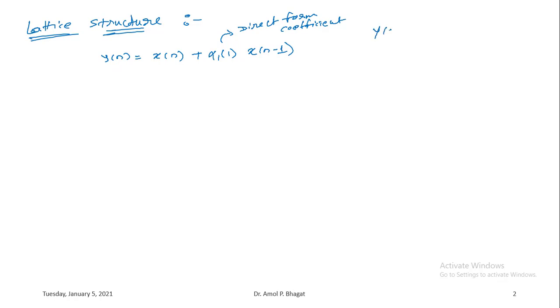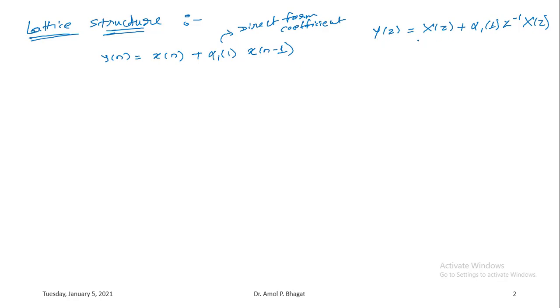So its z transform will be Y of z is equal to X of z plus alpha 1 of 1 z inverse X of z, right?